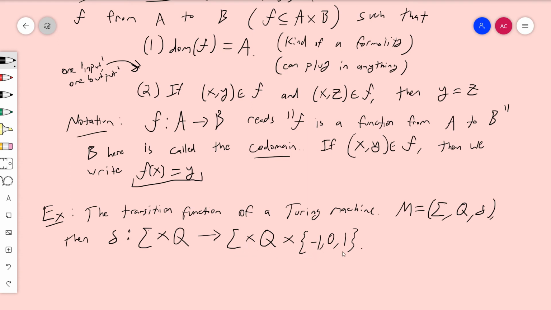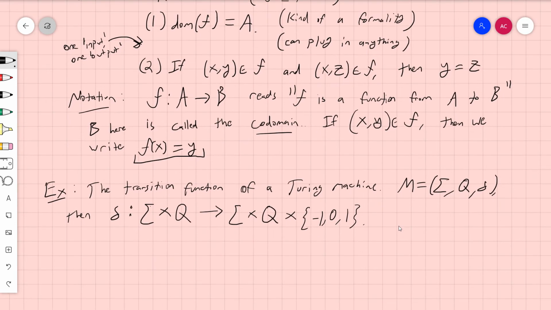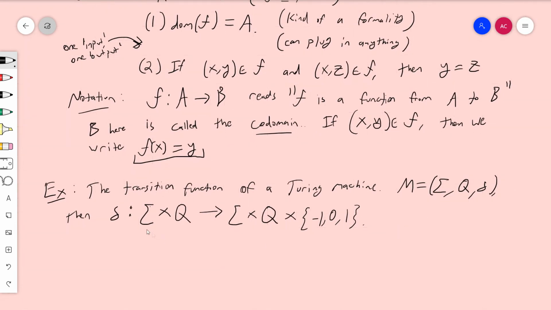This is the codomain. It's the set of all symbol, state, direction pairs, but not every symbol, state, direction pair needs to be the output of something. That doesn't necessarily have to be. However, it does have to be the case that if I put in a single symbol and a single state, then I get out a single instruction.